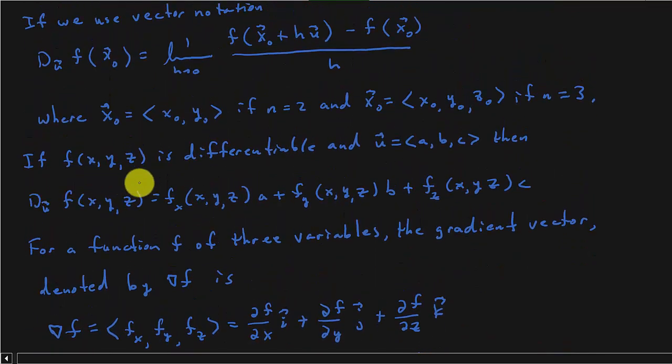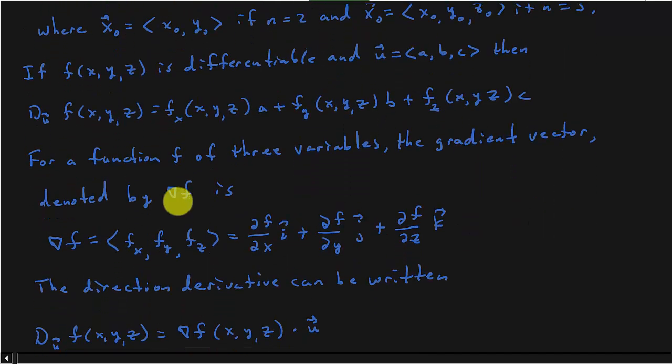If f of x, y, z is differentiable and u equals <a, b, c>, then the directional derivative of f is the partial of f with respect to x times a, plus the partial of f with respect to y times b, plus the partial of f with respect to z times c. For a function f of 3 variables, this is your gradient vector.